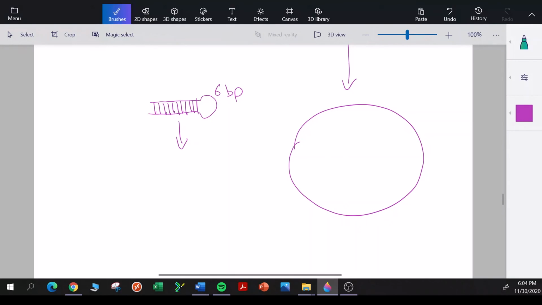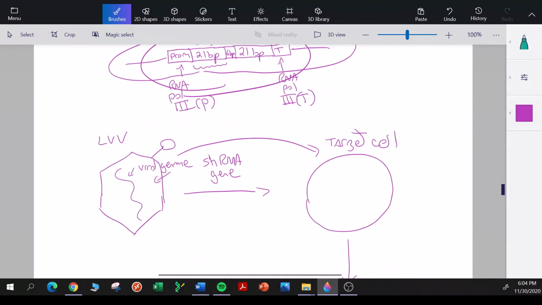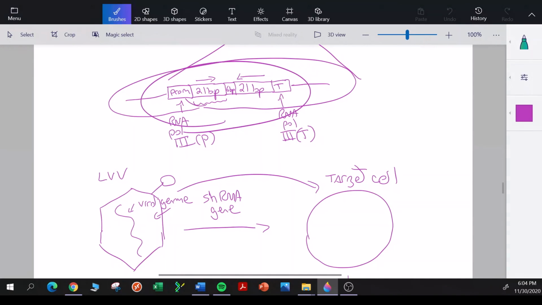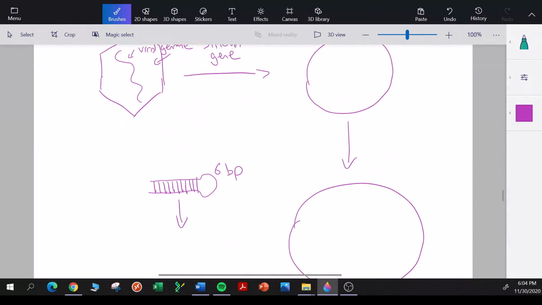Now, transcription of the short hairpin RNA encoding gene, because these sequences here are inverted relative to one another, that RNA, which is going to be about 48 base pairs long, is going to fold because of intramolecular base pairing into a hairpin structure like this.